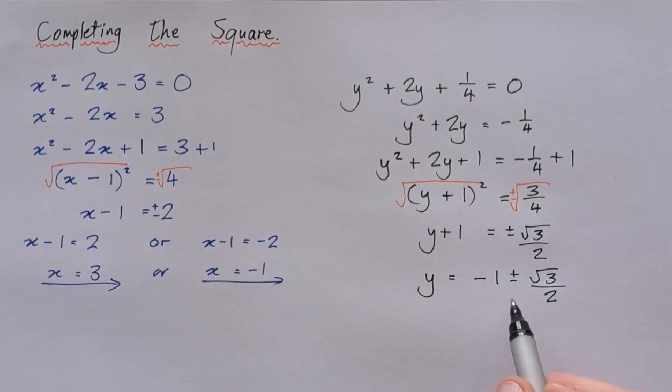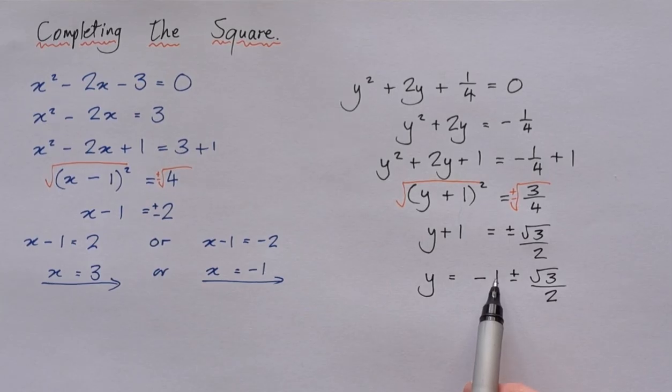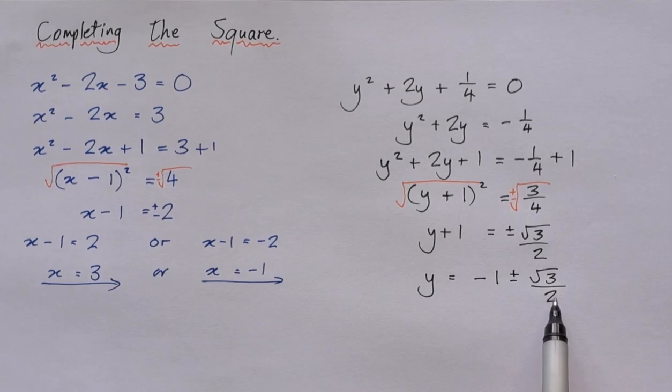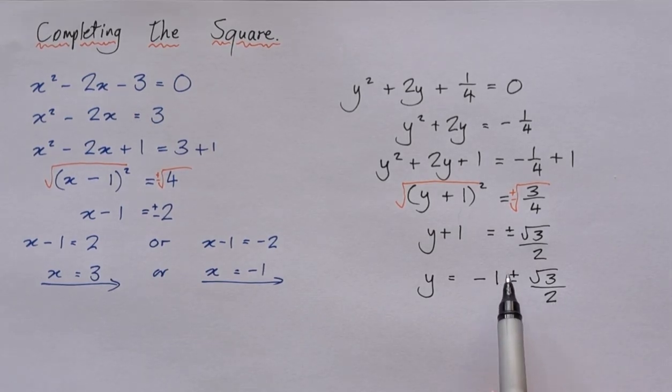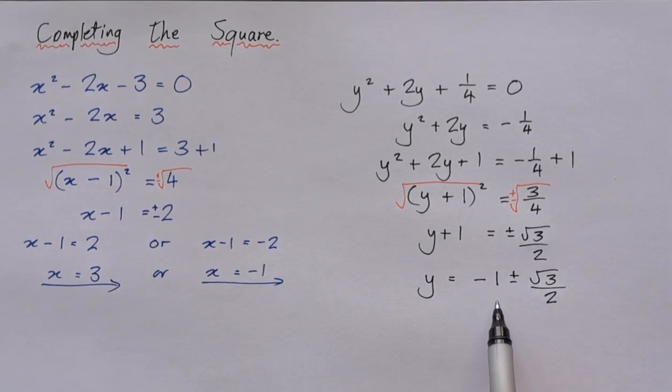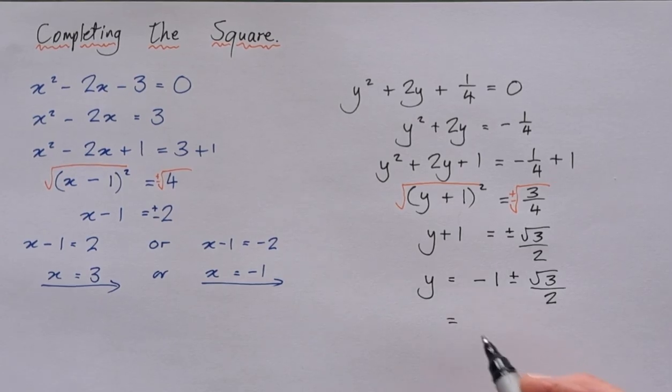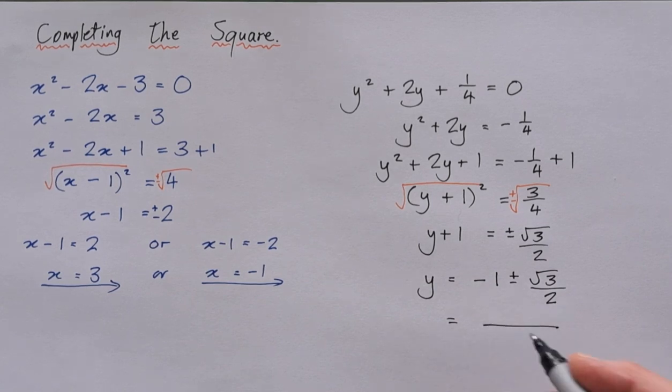So I'm going to combine these two fractions by finding a common denominator here. Negative 1 has an imaginary denominator of 1. So if I wanted to write it with a denominator of 2, I would have to think of it as negative 2 over 2, because anything over itself is 1. So considering it as negative 2 over 2, then I can write it all with a common denominator of 2.